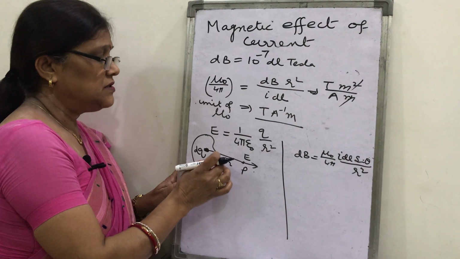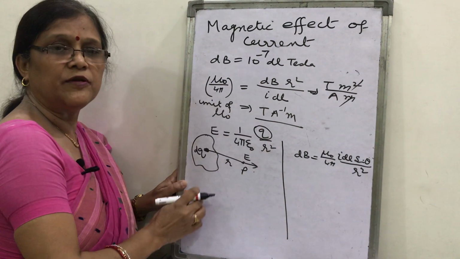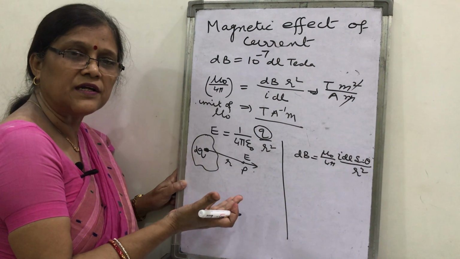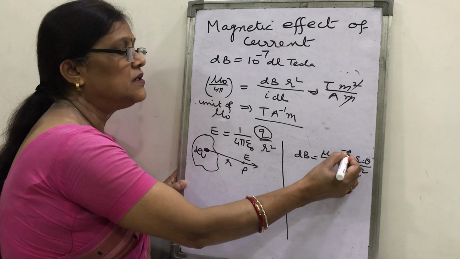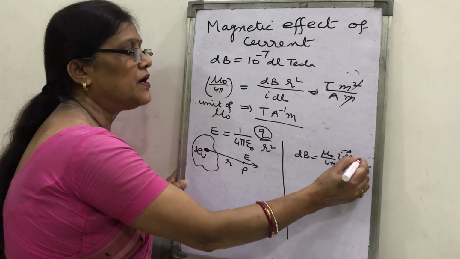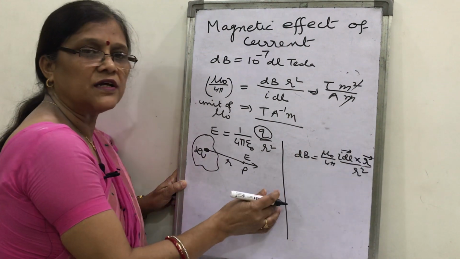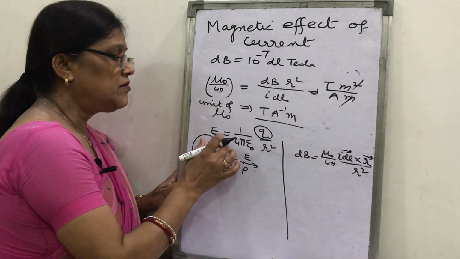If an electric field is to be produced, the source of the electric field is q, which is a scalar. What is the source here? This I dl. This I dl is a vector. If you write in vector form, then you can write this I dl cross r. So this is the second difference between Biot-Savart's law and Coulomb's law.